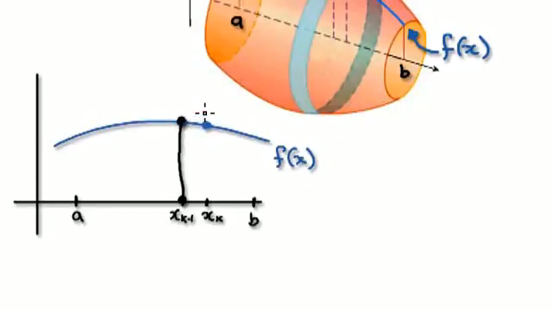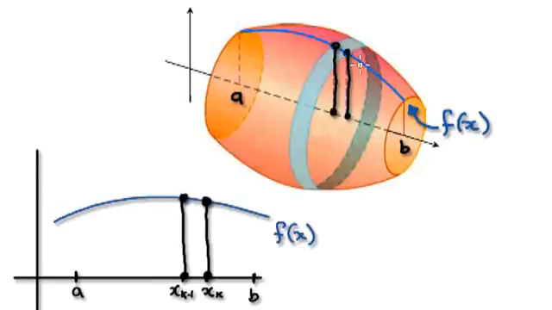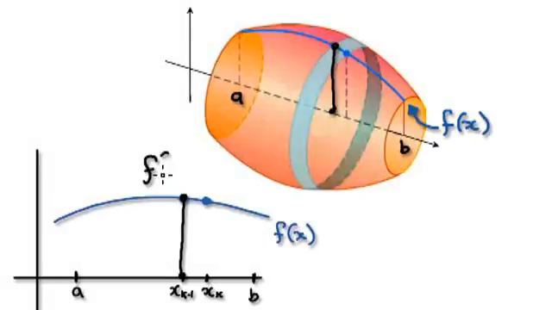You see, this radius here, which is this one here, is bigger than this radius here, which corresponds to this one here. So a fair way of doing it would be to use the average of the two. This radius here is given by f of x k minus 1.